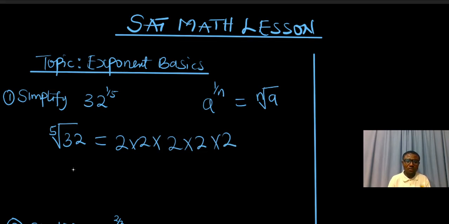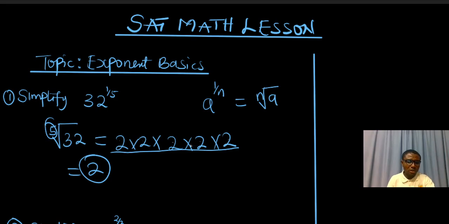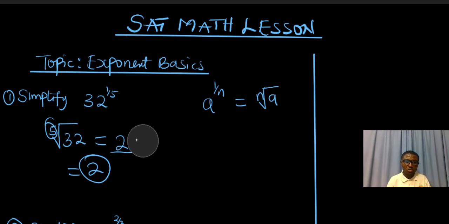So the fifth root of 32 is equal to 2, because it is this 2 that you can multiply 5 times, which represents this fifth root here, to give you 32. So this is 1, 2, 3, 4, 5. The fifth root of 32 is 2.